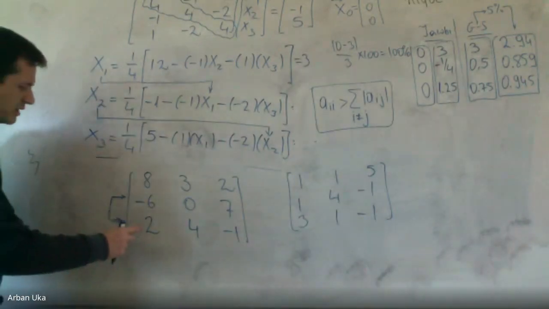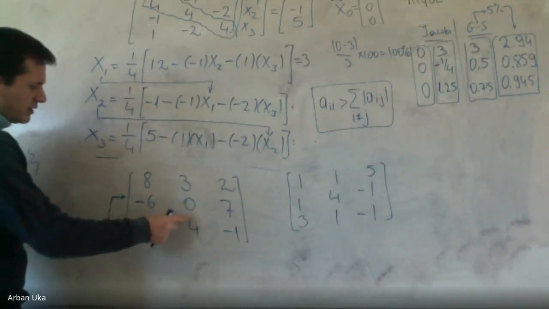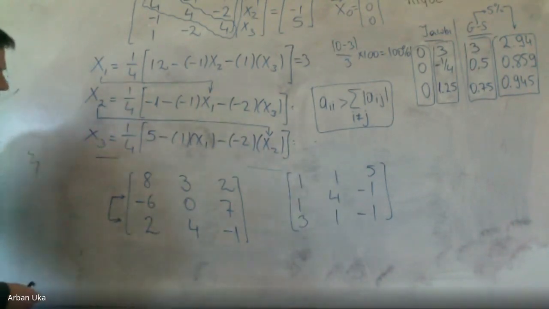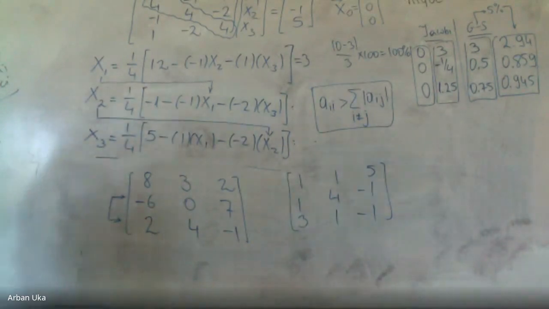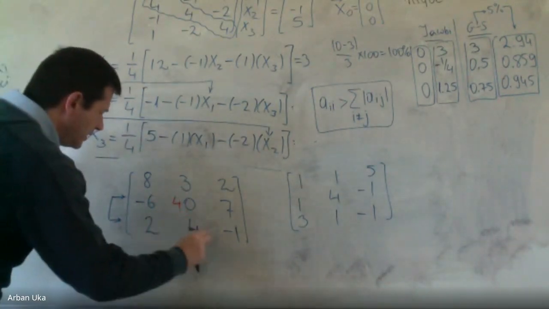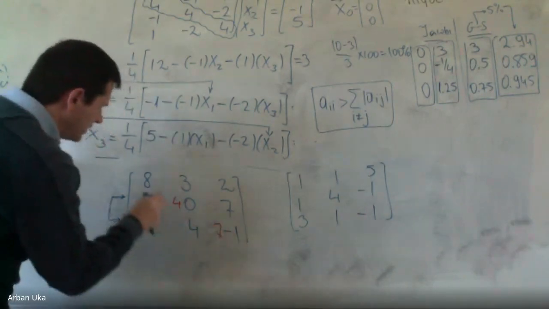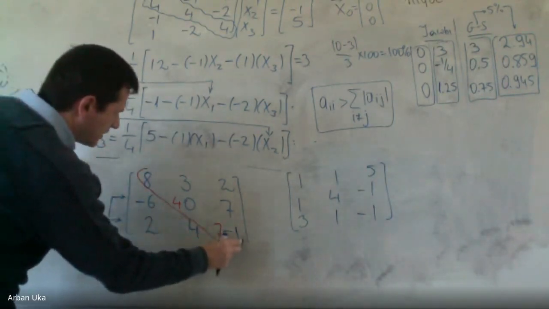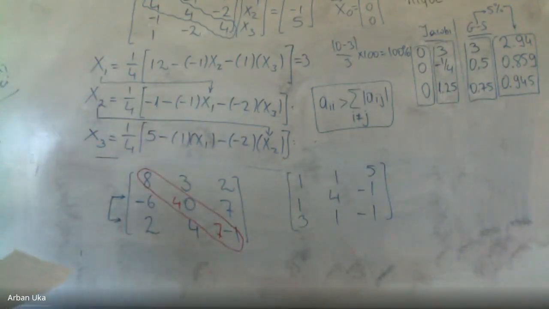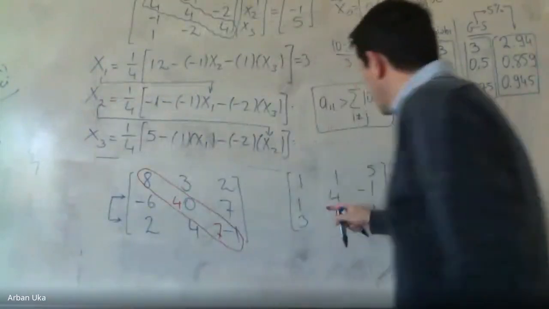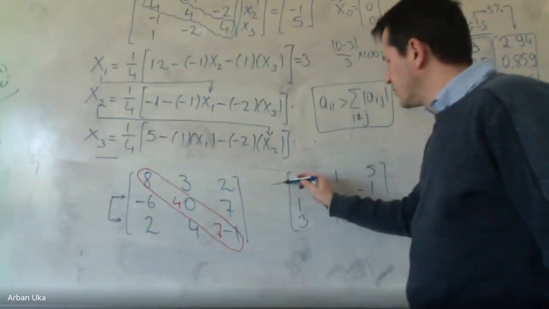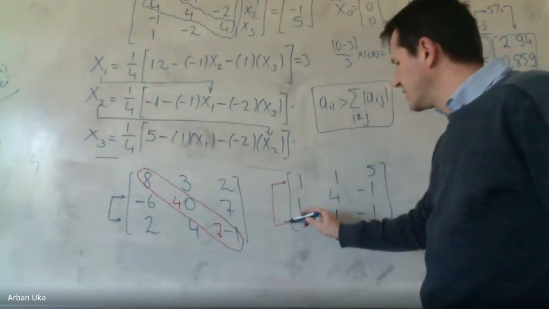Because if we do that, here we have 2, 4, minus 1. The 4 would be here, and the 7 would be here, and then the updated matrix would be diagonally dominant. So the red colors would be the updated versions. And also here, this looks like a system which is not going to converge if we use an iterative technique.